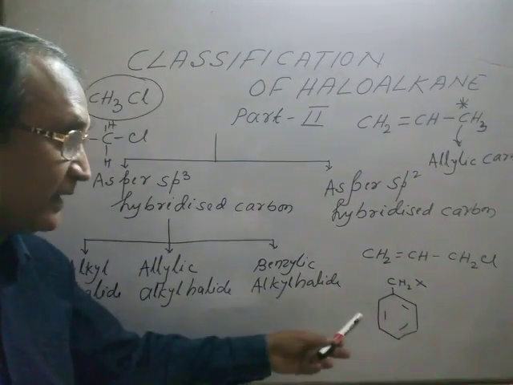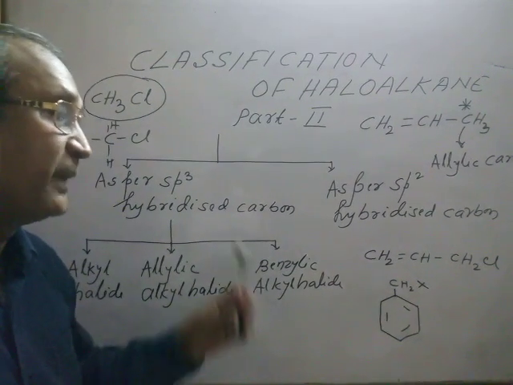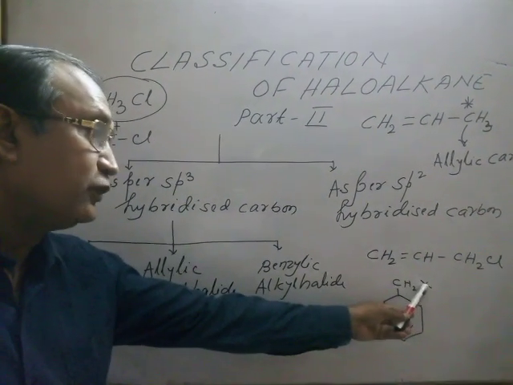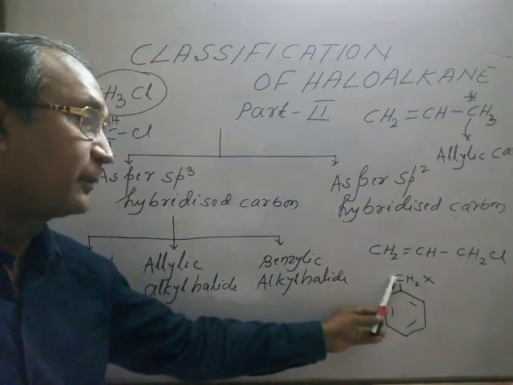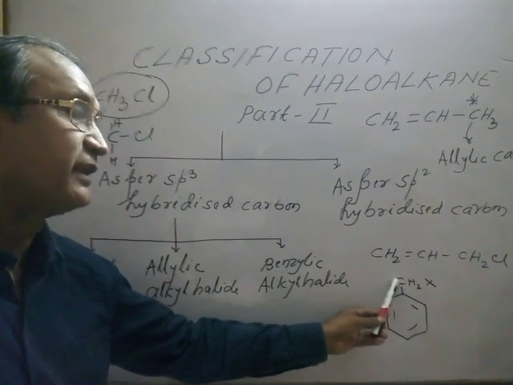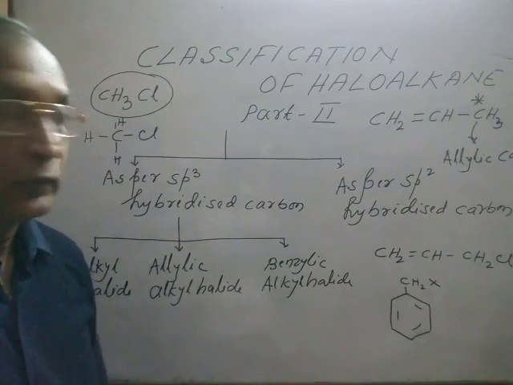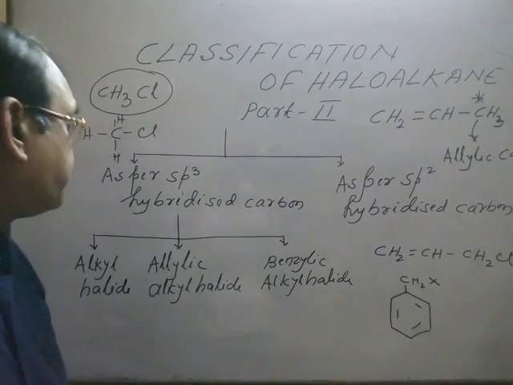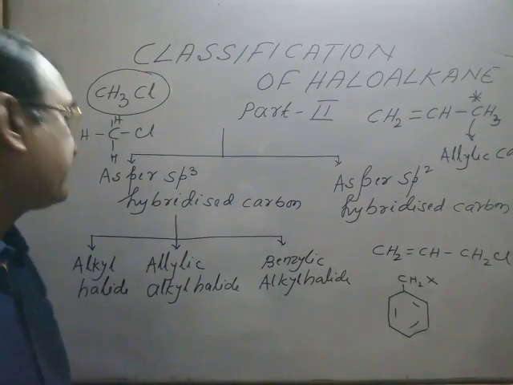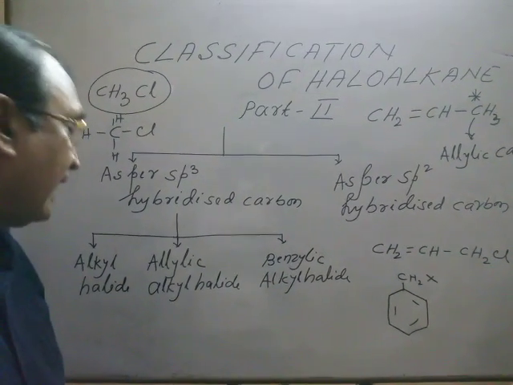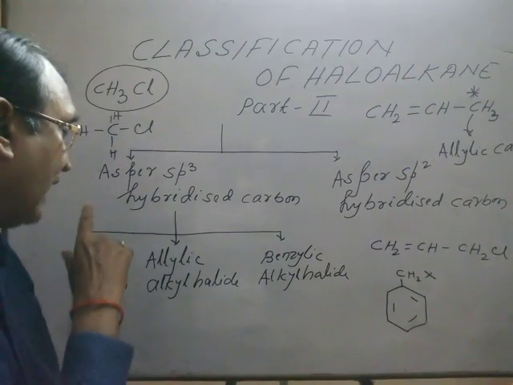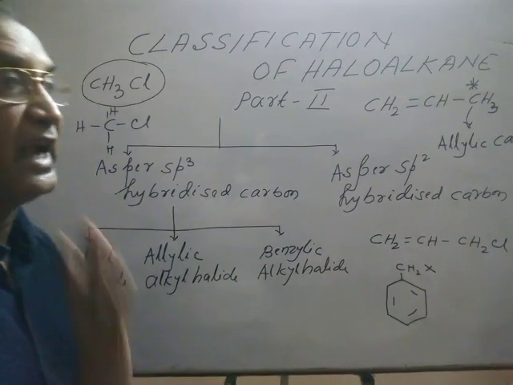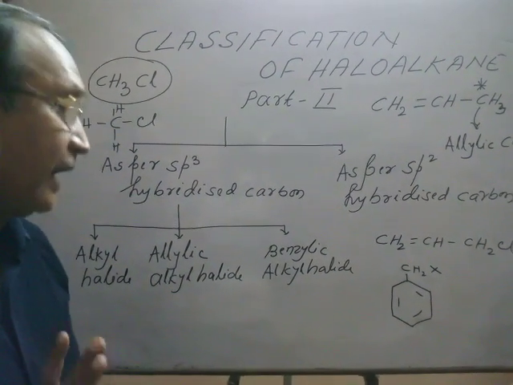Here halogen joins with that carbon which is sp3 hybridized. So these are the three divisions of sp3 hybridized alkyl halide: alkyl halide, allylic alkyl halide, and benzylic alkyl halide.